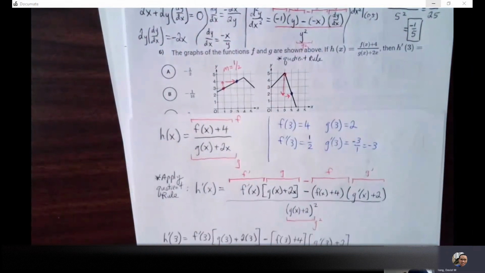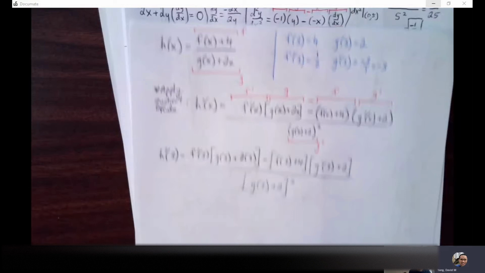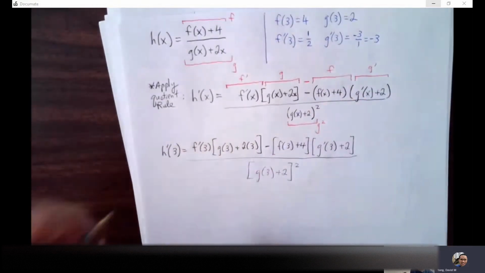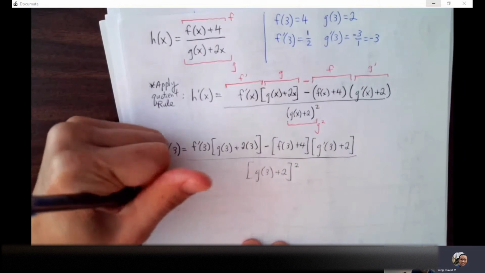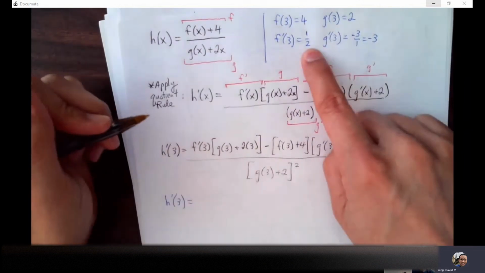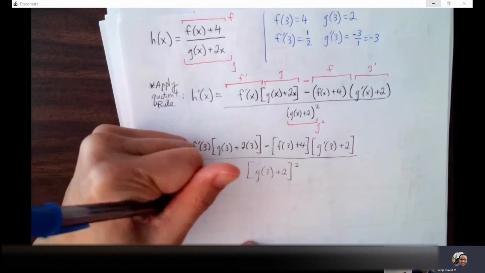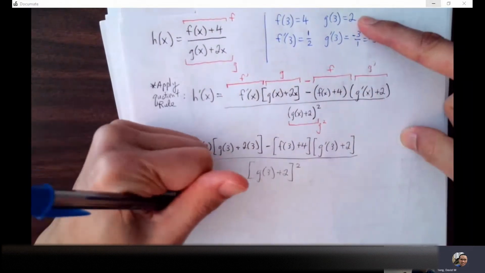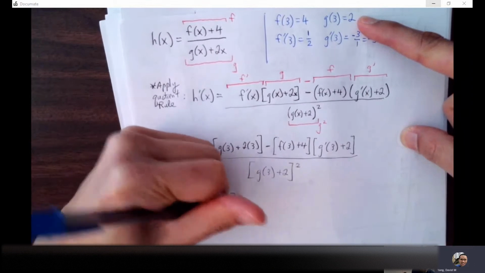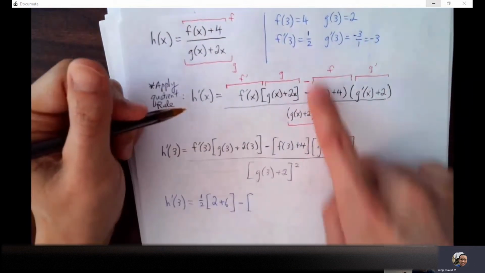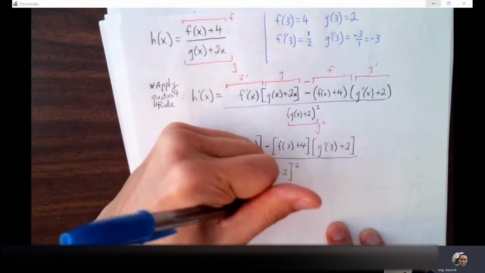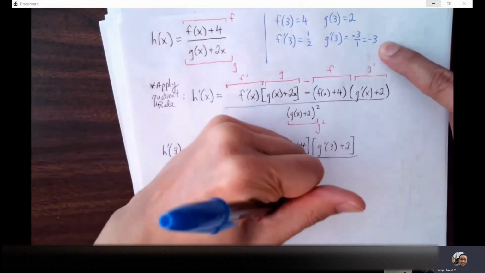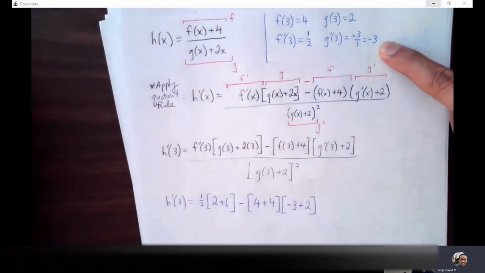All right, we have all the values that we need. We're going to replace all of these into my expression, and then I should be able to get this down to a numeric answer. f prime of 3 is 1/2. g of 3 is 2, plus 6. f of 3 is 4, plus 4. g prime of 3 is negative 3, plus 2.